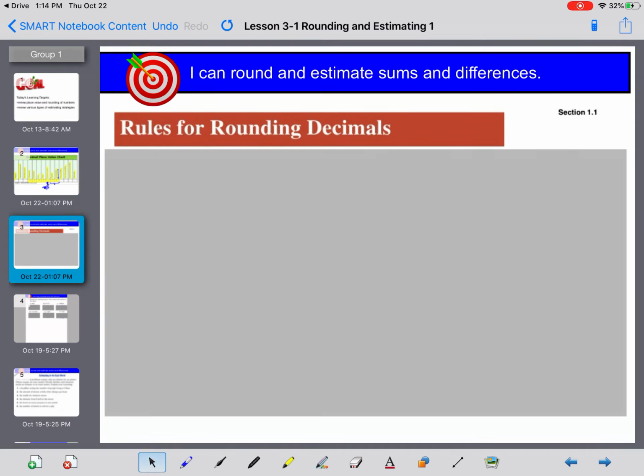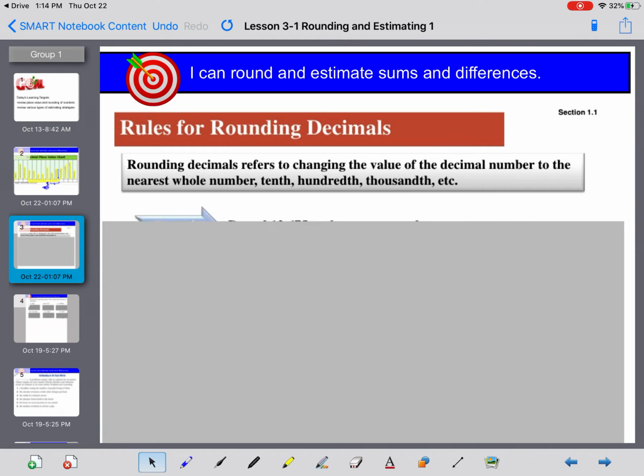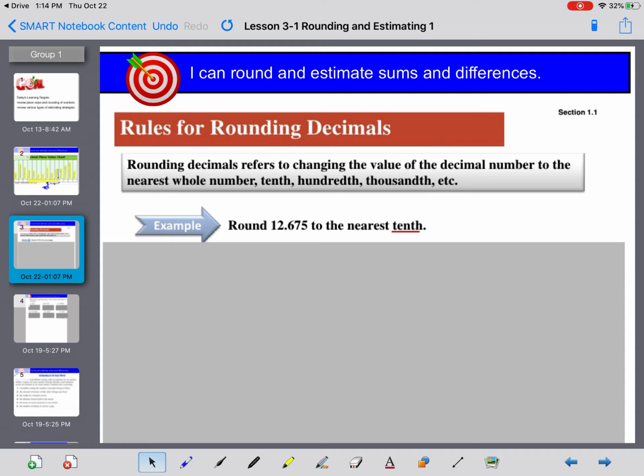Let's review how you learned to round. Rounding decimals refers to changing the value of the decimal number to the nearest whole number, tenth, hundredth, thousandth, whatever. So, how do we round? If we were asked to round 12 and 675 thousandths to the nearest tenths place, the first thing I would need to do is identify the number I need to round.